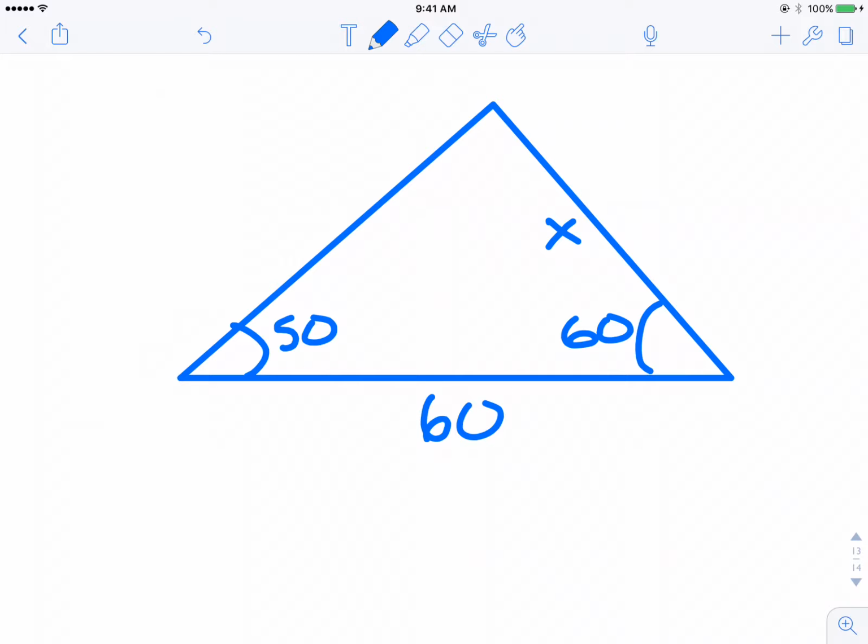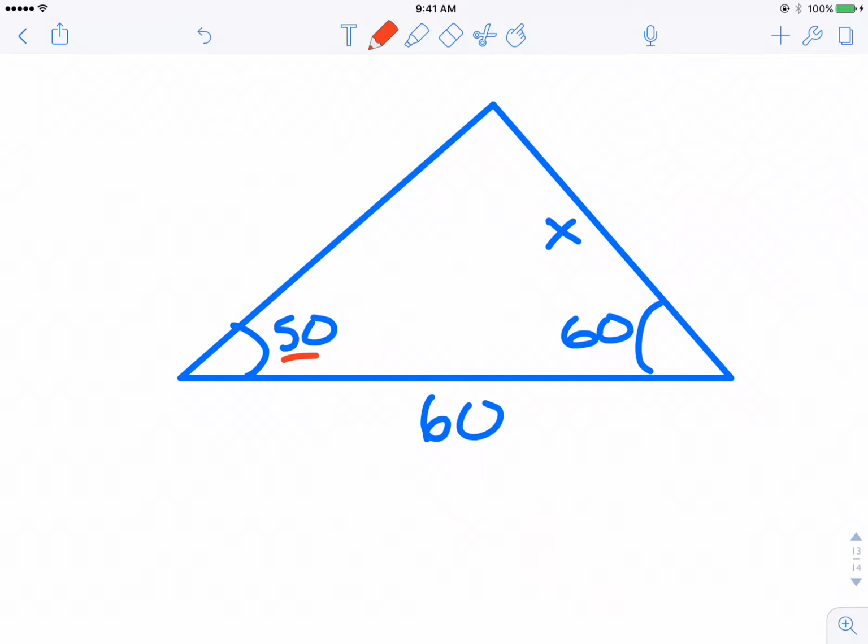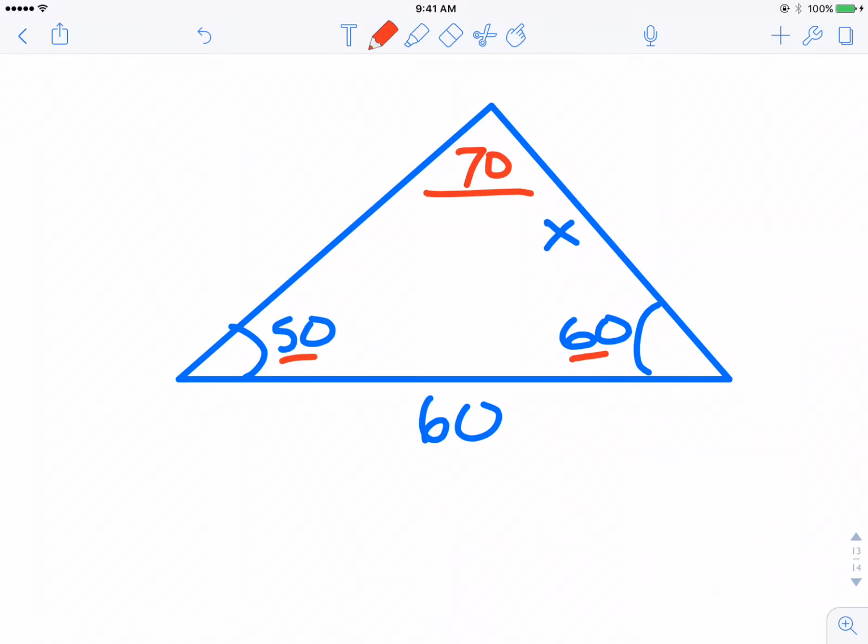Find X. Well, we should know right away that one of the tools at our disposal is to calculate missing angles. If we have two, we can calculate the third. 180 minus 50 minus 60, that's going to leave me with a whopping value of 70 degrees for this angle.